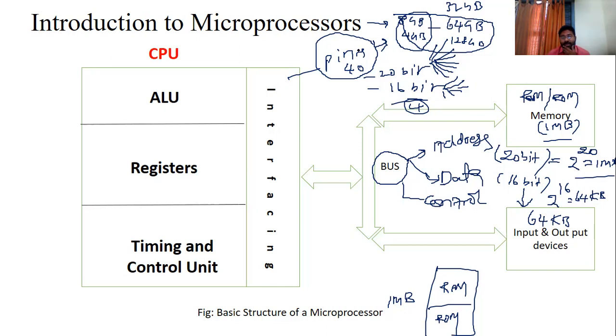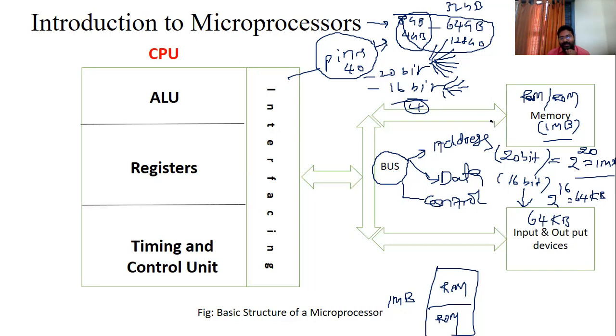You understand the importance of the pins. This 20 bits is assigned for the addresses to memory devices, and 16 bits are given to the data bus, leaving only 4 bits. To avoid this, we utilize one pin for more than one purpose, because we have only 40 pins.